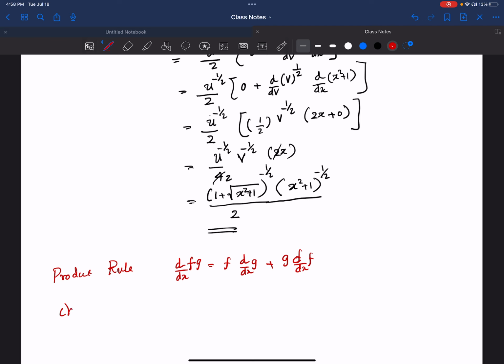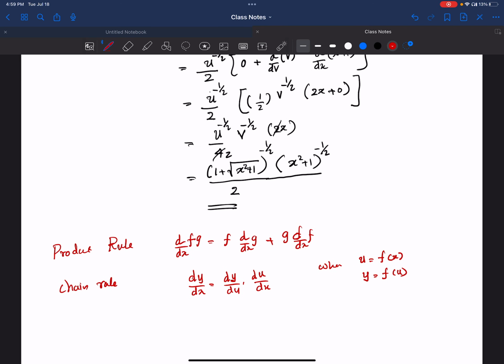And the chain rule: dy over dx is equal to dy over du times du over dx, where u is a function of x and y is a function of u, right?